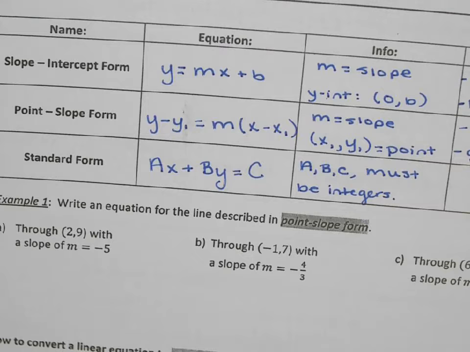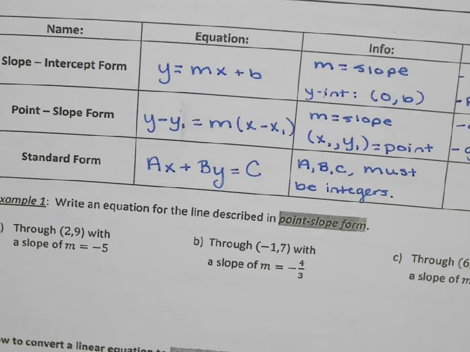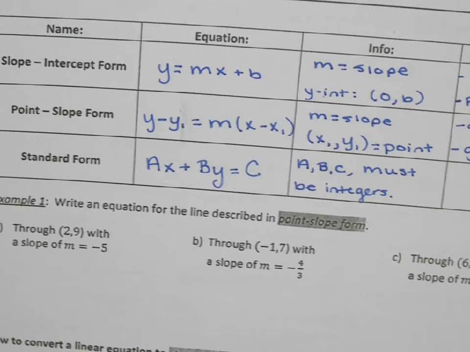Okay? Does anyone remember what integers are? They can be negative. What else? They can be negatives. They can be positives, but they're counting numbers.